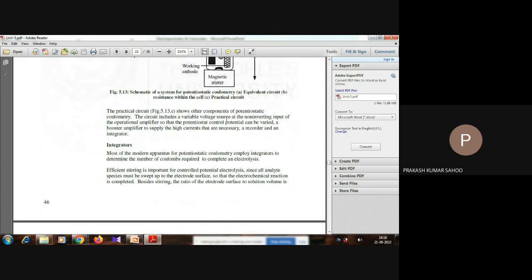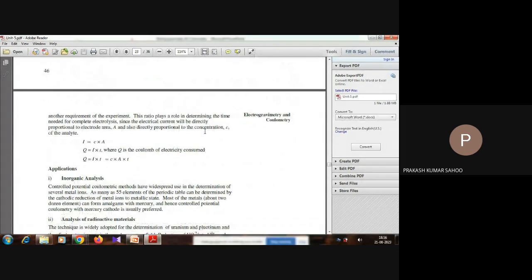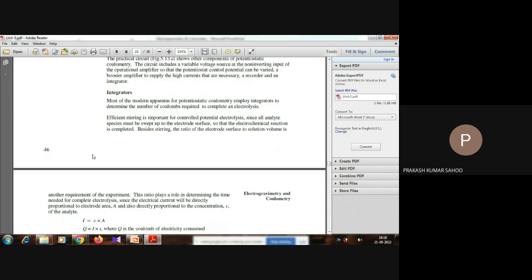Then integrators are also needed for connection, and the equation is I equal to C into A, that is Q equal to I into T, where Q is the coulomb. So Q is proportional to C into A into T. Here I is the current and T is the time. What are C and A?